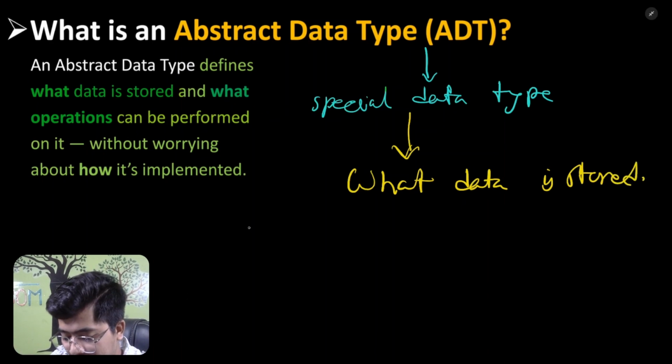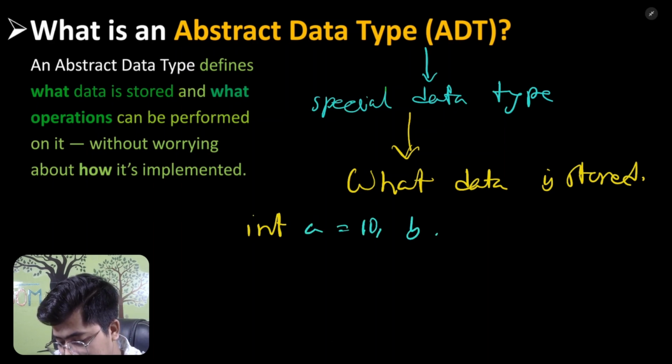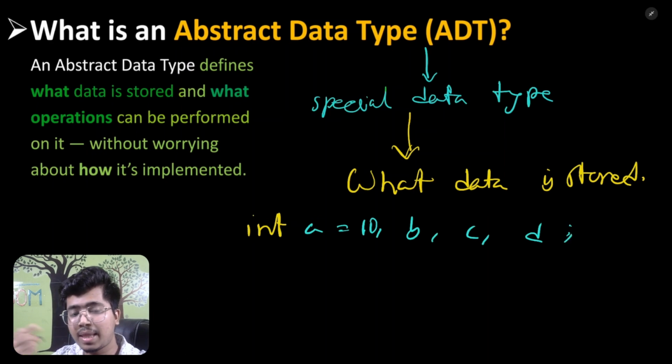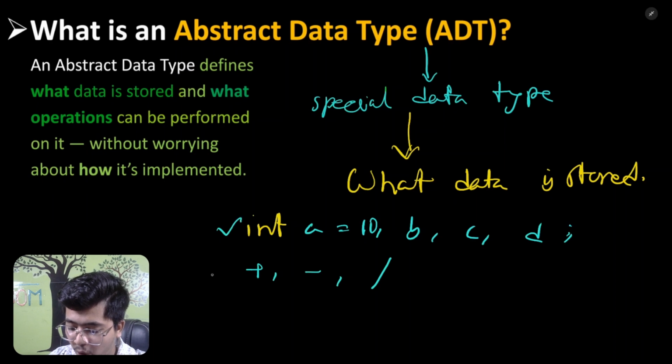Data are, let's say, integer a equals 10, b, c, d, etc. These are the data. And the operations, you know them: plus, minus, division, etc.